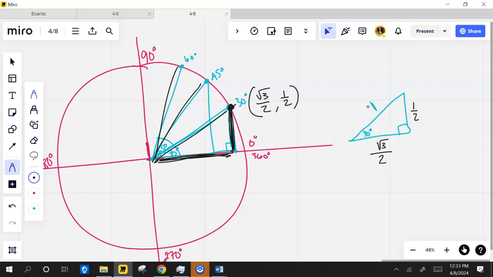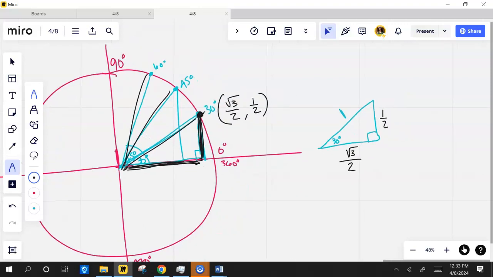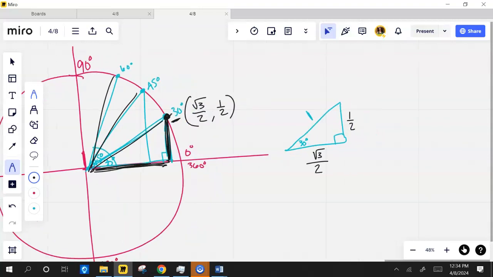Now, while I'm here, let me go ahead and put this in radians also, because you've got a space for radians there. If the degrees are 30, what would the radians be? How do I go from degrees to radians? Pi over 180, right?